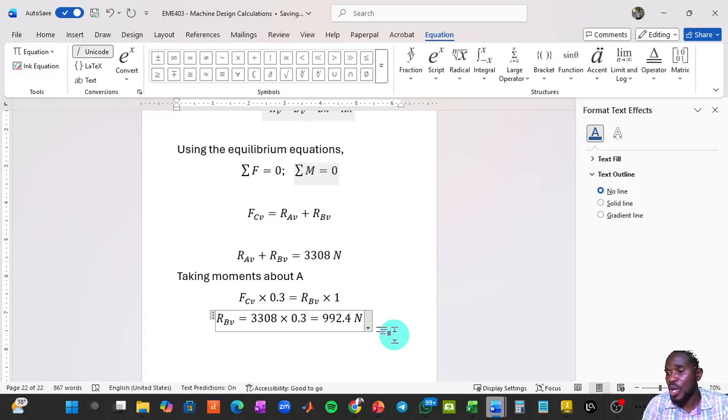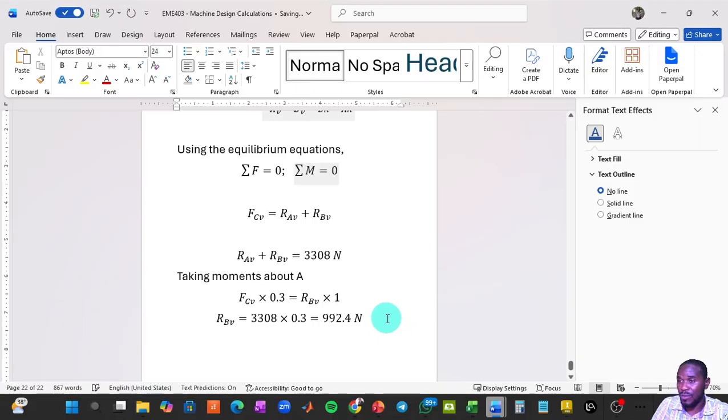Okay, so now that we found RBV, it's easy to find RAV. So let's go ahead and find RAV from this equation. We can make RAV the subject of formula.